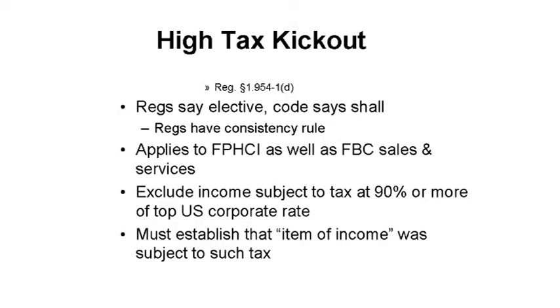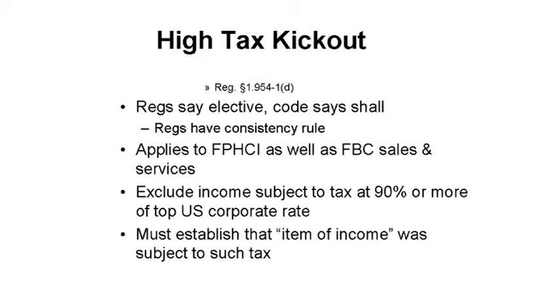Income is excluded from FPHC income if it meets the high tax exception. We covered a similar high tax exception in foreign tax credit baskets, the high tax kickout, as we called it there. The Subpart F high tax exception works much the same, but at a slightly lower threshold.